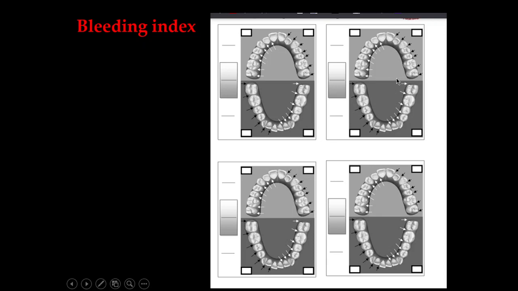So in the second visit, you will find the number 26 will be decreased until it becomes 0 on 28 equals 0. No bleeding, no inflammation.